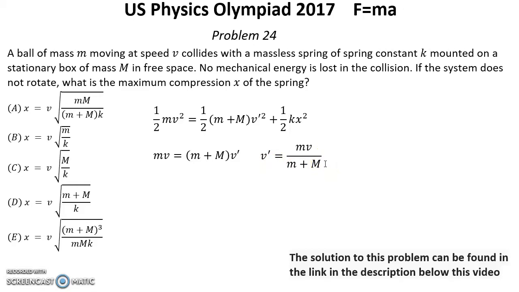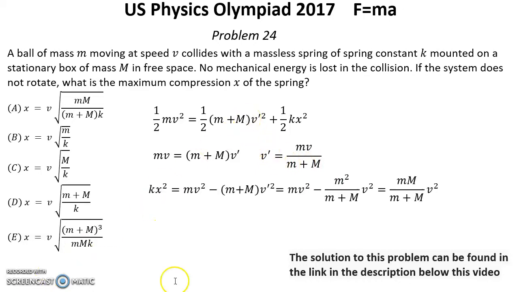Now we can insert this v prime in this equation and find that kx square equal mv square minus this expression, which is finally we will get small m multiplied by big M divided by (small m plus big M) v square.